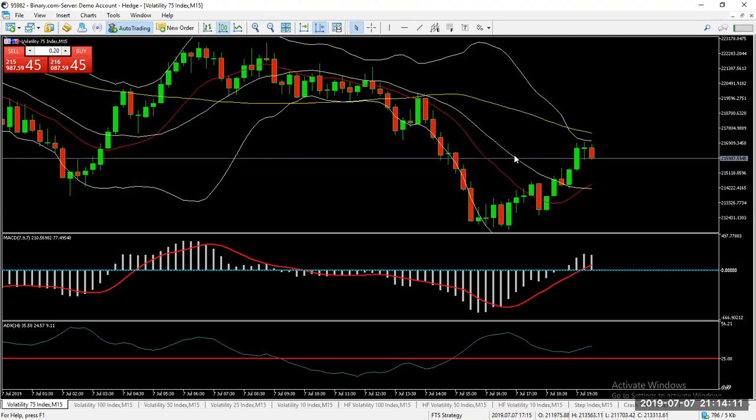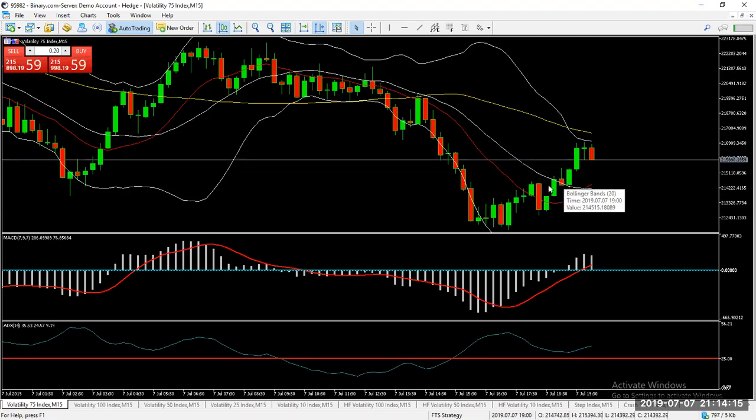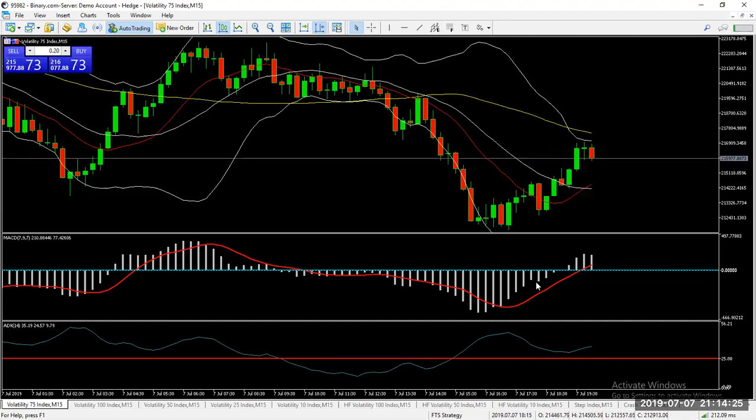So where we place our trade is at the break of the middle Bollinger band, either upward or downward. Here we're expecting a buy, and when we saw the buy signal, this candle broke the middle Bollinger band. We saw that this was becoming slim, and this was still above the 25 line, meaning that the market is trending.